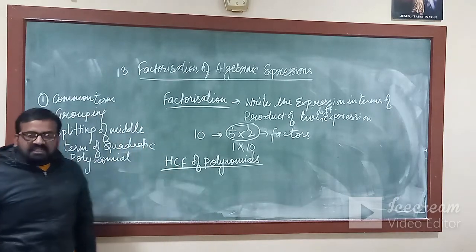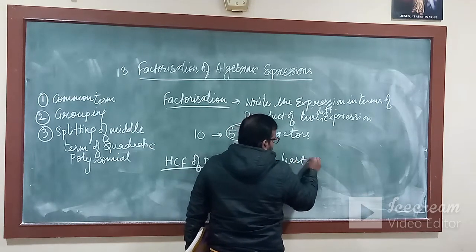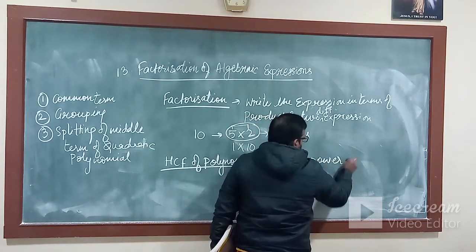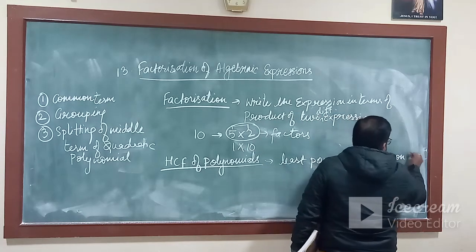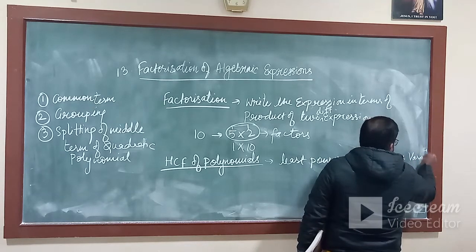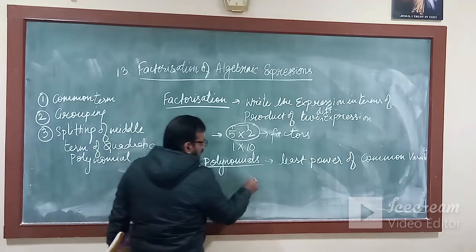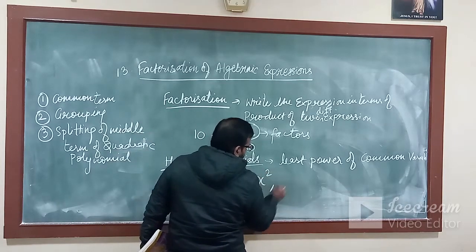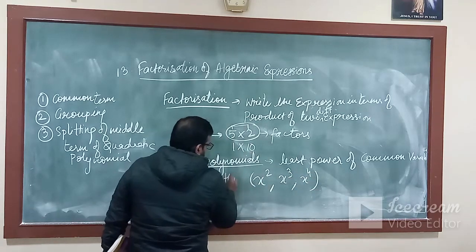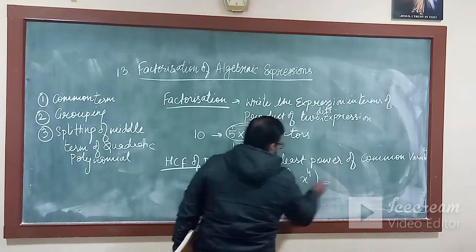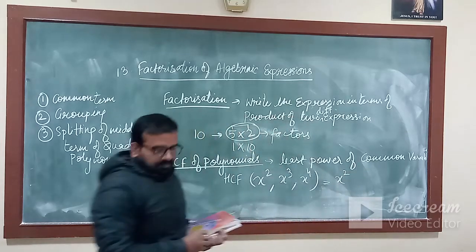Whenever we calculate the HCF, we take the least power of common variables, or you can say literals. For example, if I have to take the HCF of x square, x cube and x to the power 4, the least common power is x square, so its HCF will be x square.